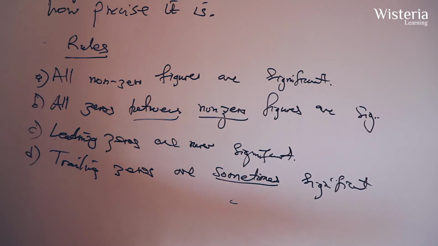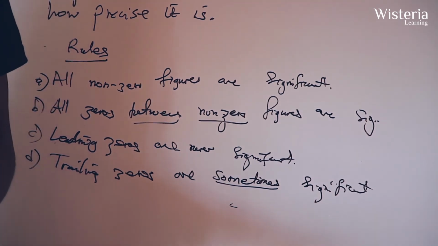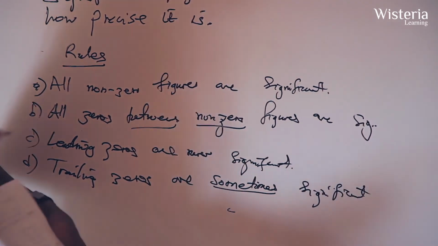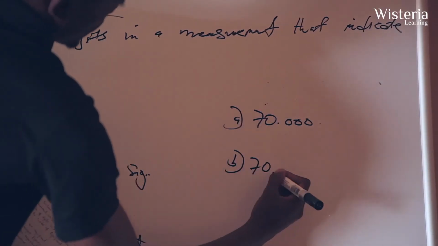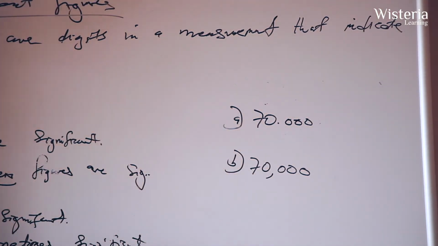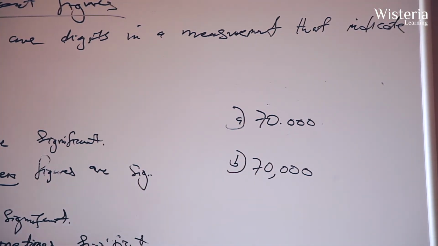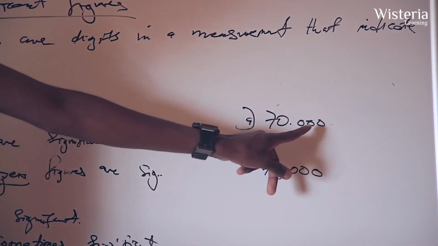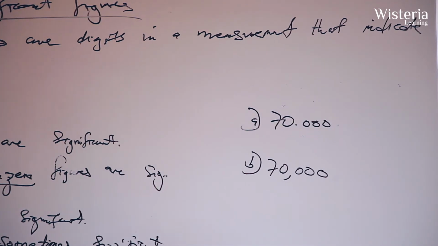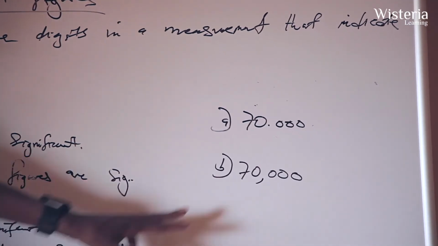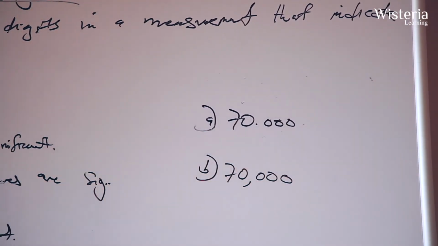So what do we mean when we say sometimes important? Well, we have examples. We have two examples. The first one is 70.000, like that, and then the other one is 70,000.